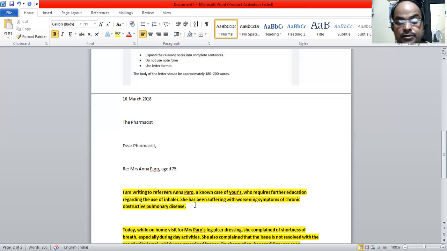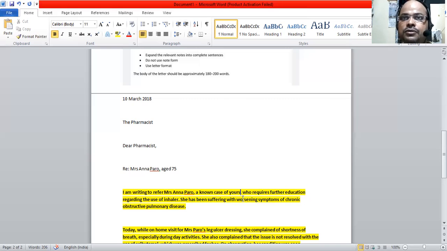The only thing we have seen is that we have to use proper punctuation there. Now we have the second sentence. She has been suffering with worsening symptoms of chronic obstructive pulmonary disease. Even though you know this, I have to mention it because it's a known case of yours, but right now, what's the condition?